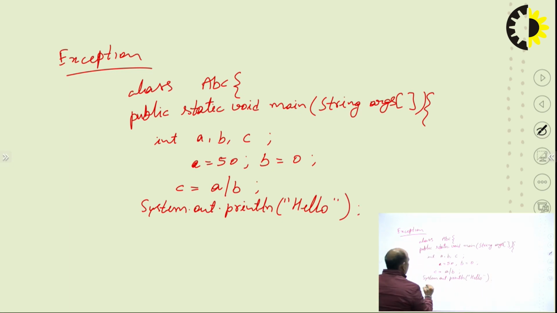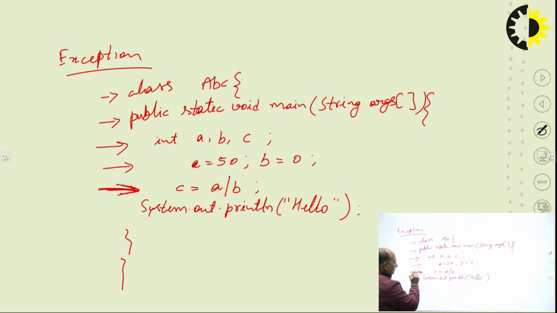Now you can see that whenever the program starts from here, it will move to here, then here, then here, and whenever the compiler reaches this place, a divide by 0 error will occur, and at this place the compiler will create an object of the class ArithmeticException.